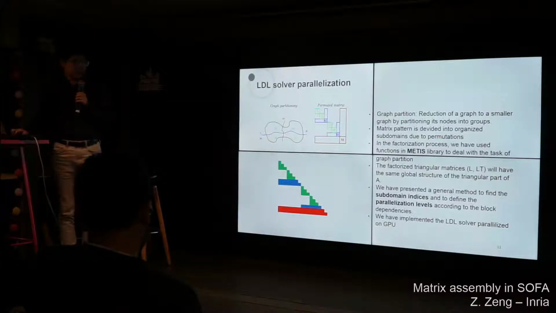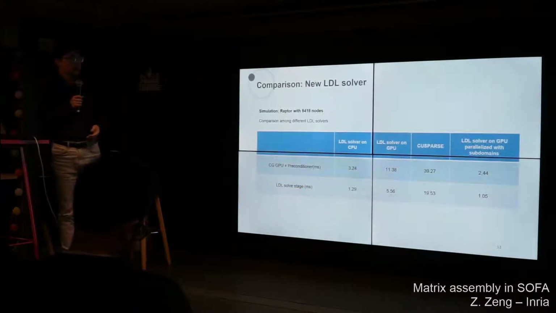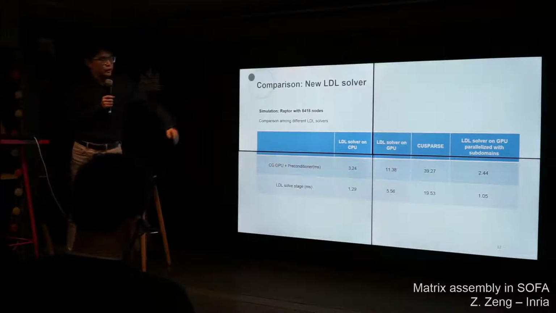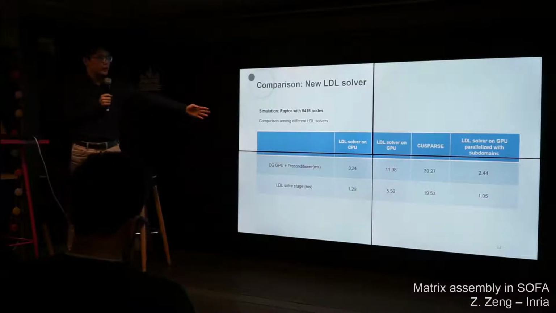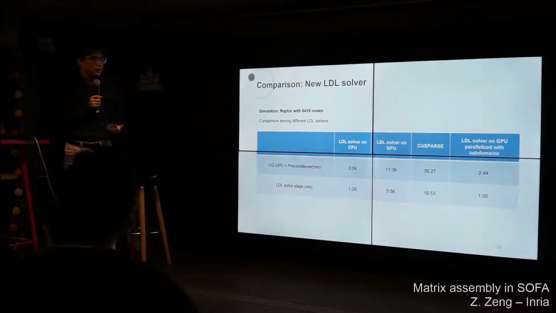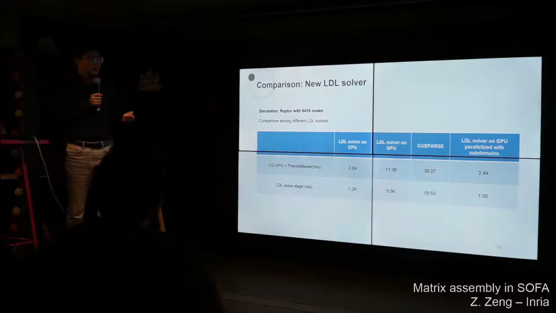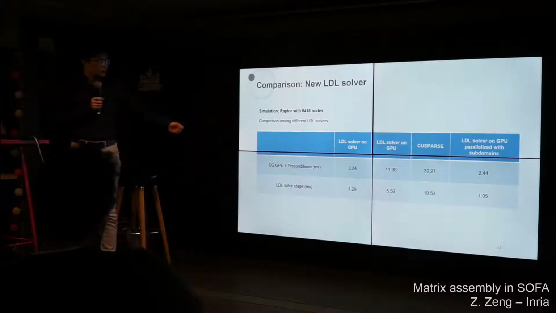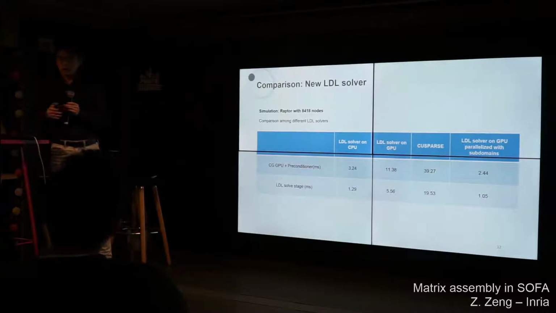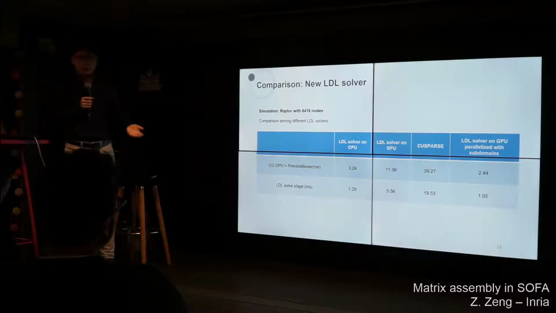And I want to show you directly the new version of the LDL solver on GPU. It's the final one, which we compared to our primitive version, and it has a great acceleration, and it's even faster than the CPU version. And so now we can put all the CG on GPU.